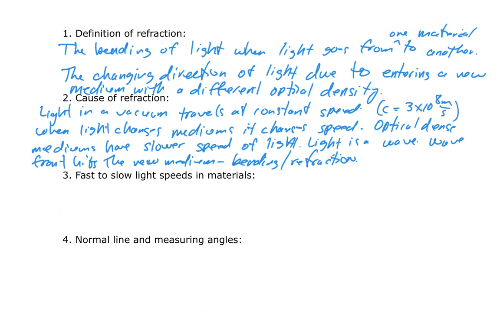So that's exactly what happens to light. The light wave hits the boundary, and if it's at an angle to the boundary, we know the light wave is going to turn. Now, if you're going straight at the boundary, then you're fine. The lawnmower still will slow down, but it won't turn. So we're going to see that with light as well.